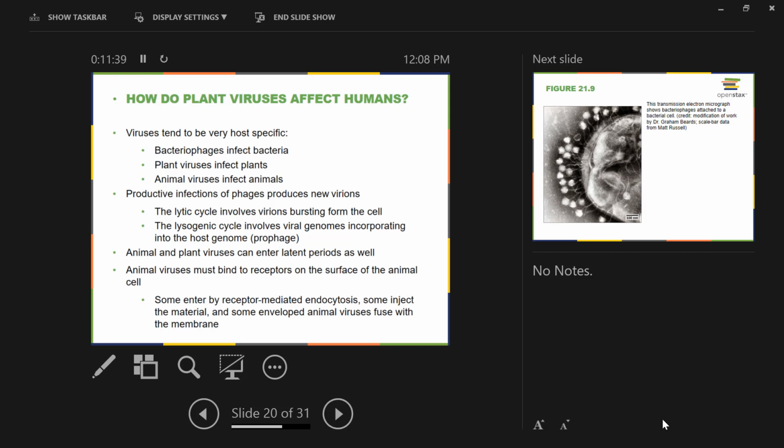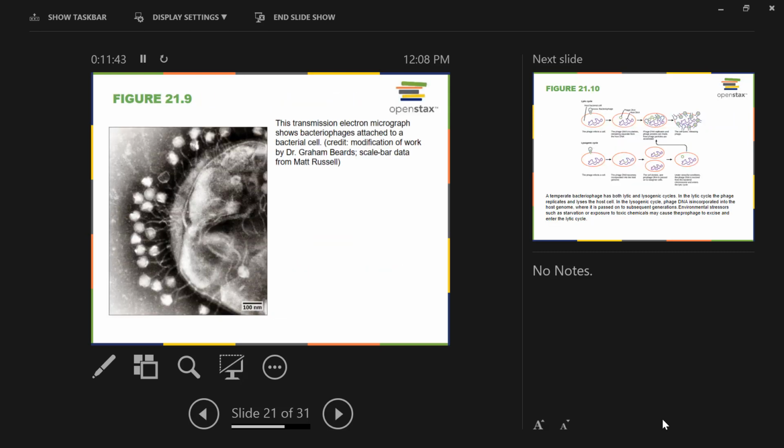So, once the virus enters into a cell, is it game over for the cell? Not necessarily. It depends on a number of factors. Sometimes the virus will enter the cell and it just doesn't work properly to make copies of itself. Either the viral DNA or viral RNA is damaged in some way, so it can't make copies.